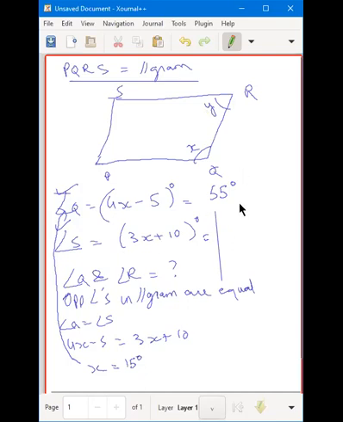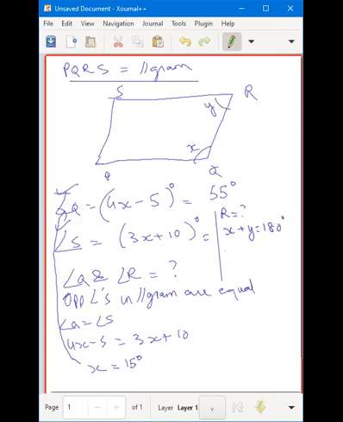How do we find out angle R? X and Y together make up what kind of angles? Co-interior angles on the same side of the transversal. So we're given X plus Y is equal to 180. They are supplementary, isn't it?